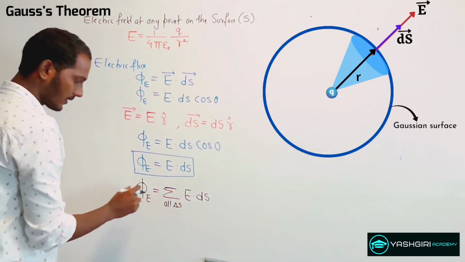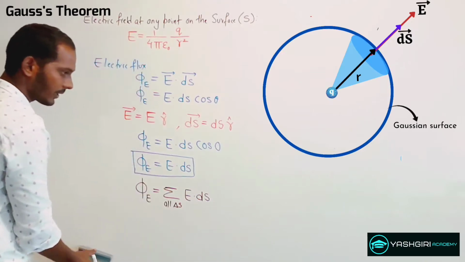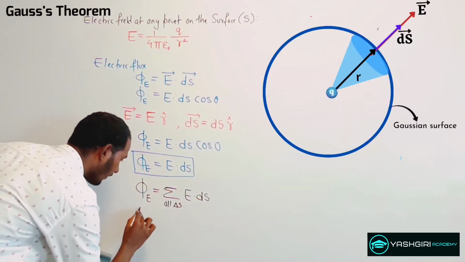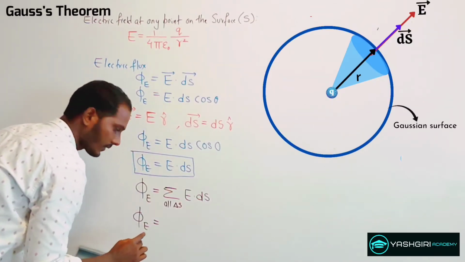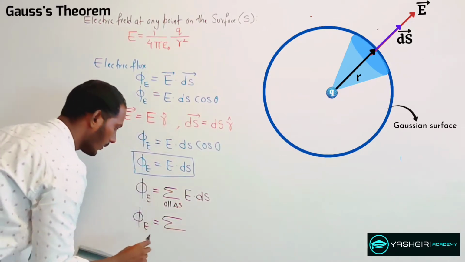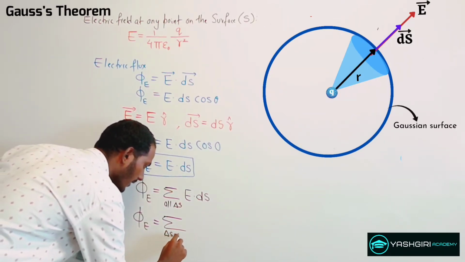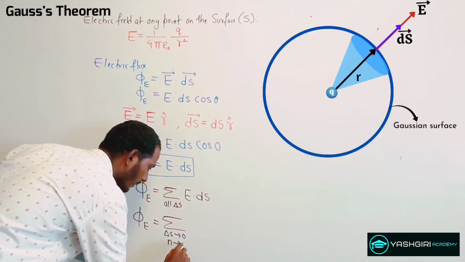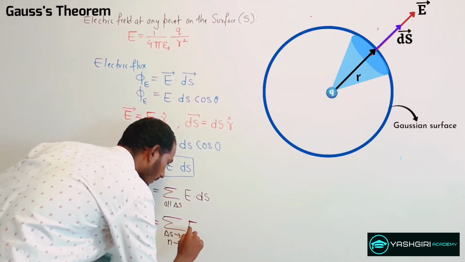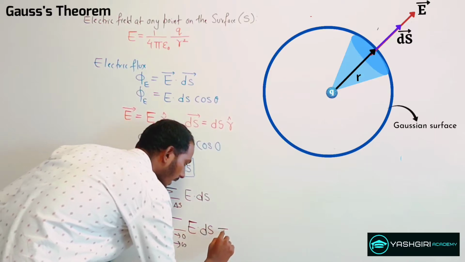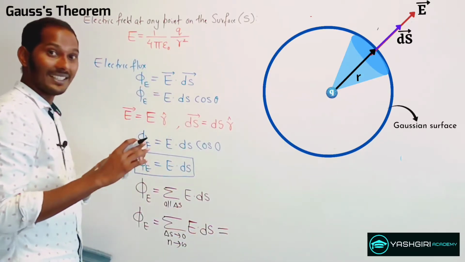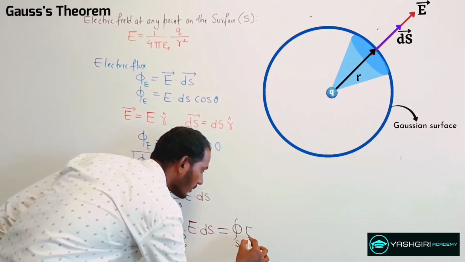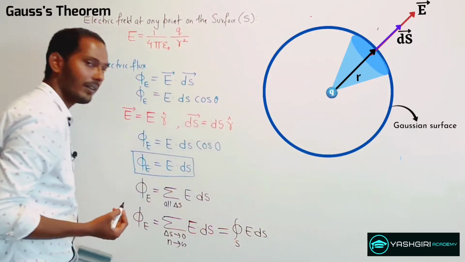Or I can rewrite this with a limit: if delta S tends to very, very small, tends to 0, the number n will go to infinity. In that case, again I can write E dot ds in the form of the entire surface integral, which will look like the surface integral over S of E dot ds. So that's the other way of writing this.